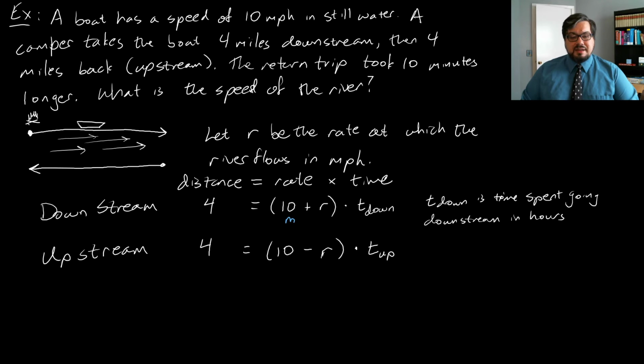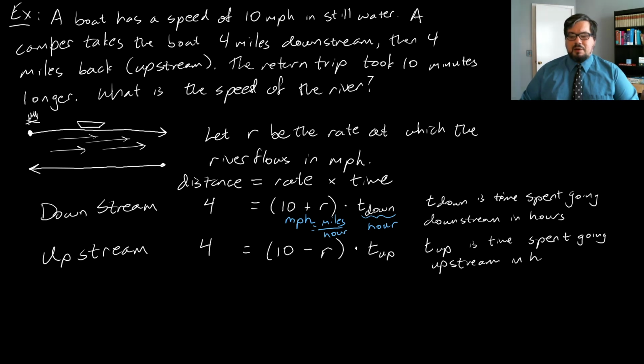This rate that we're working with here, the 10 plus R, is being measured in miles per hour. And therefore this T must be measured in terms of hours in order to be consistent. And similarly for the upstream. So T up is the time spent going upstream in hours.